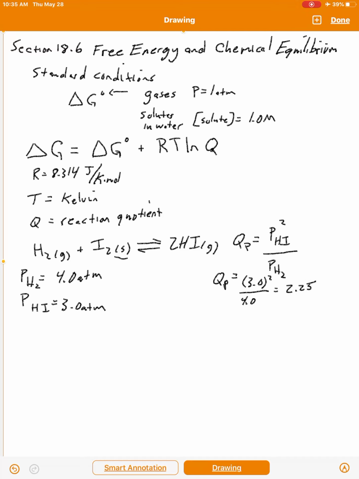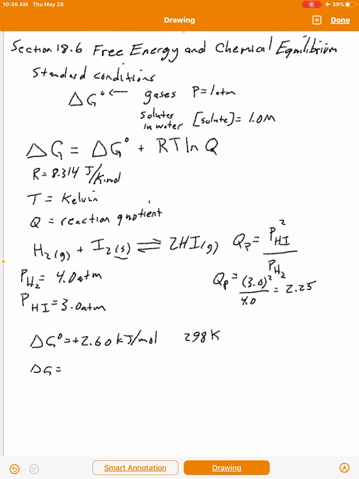Now, suppose that I was able to calculate delta G naught from free energy of formation data, and I say that it's positive 2.60 kilojoules per mole. Of course, this is taken at 298 Kelvin, so let's assume the temperature is 298 Kelvin. Let's find delta G under these conditions.